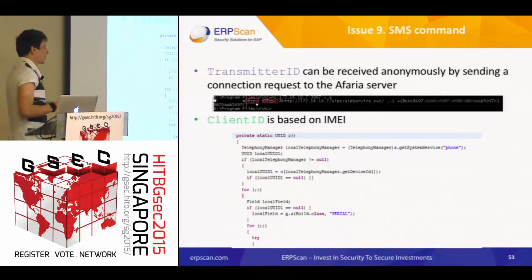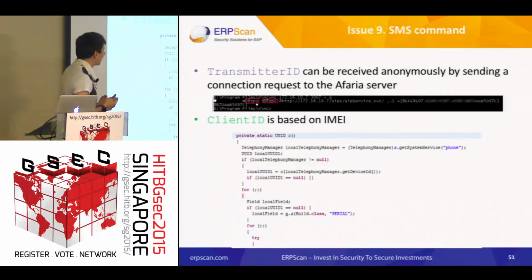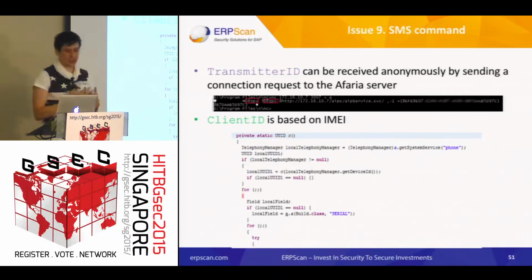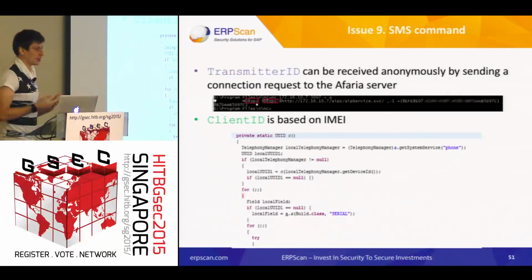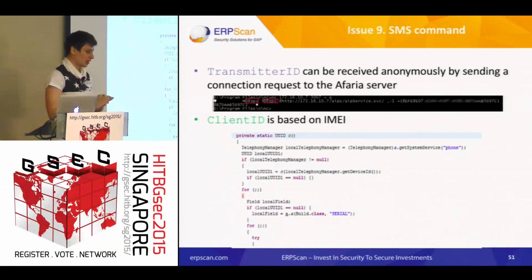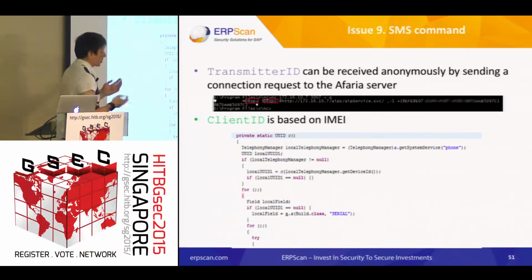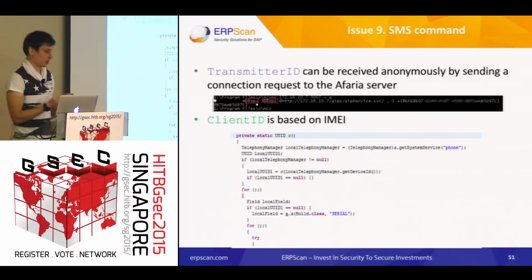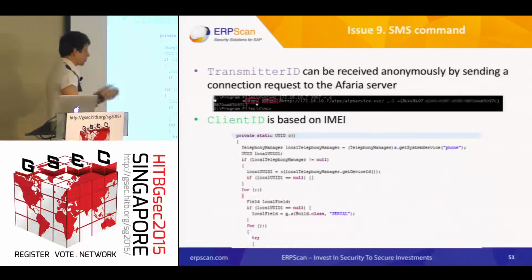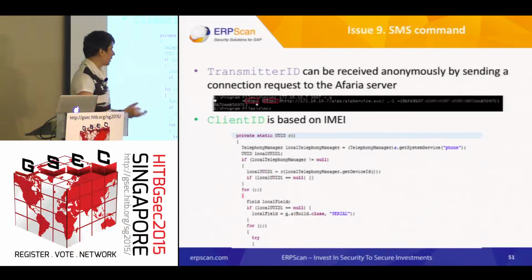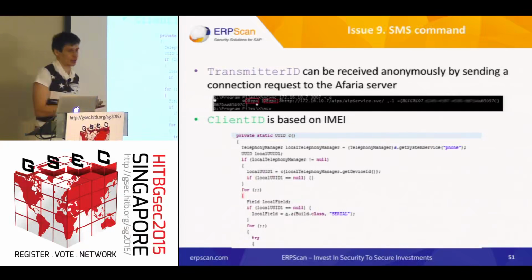Actually, transmitter ID or server ID can be resolved without any authentication by sending any connection request to the Afaria server. Afaria inserts information about the server ID in every response. So you just send any request to Afaria, and you get the server ID.